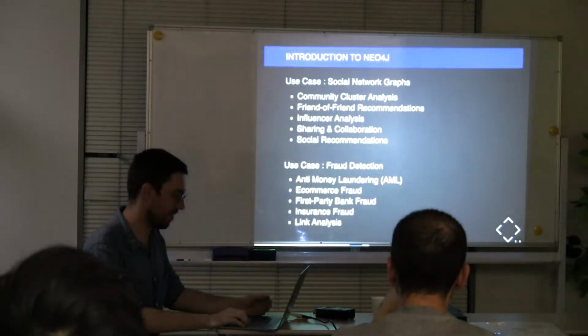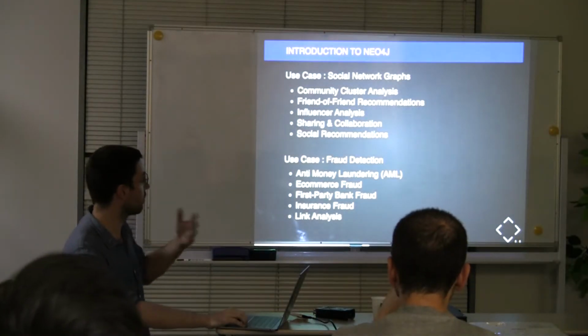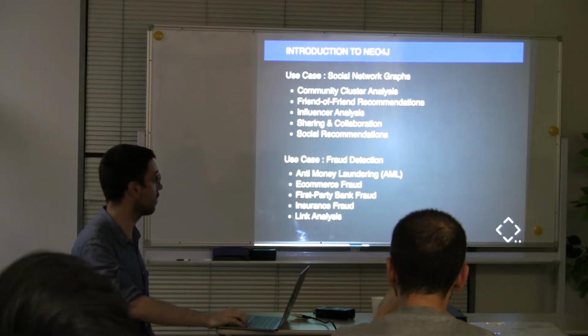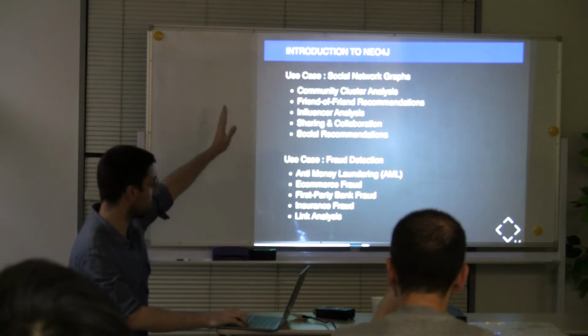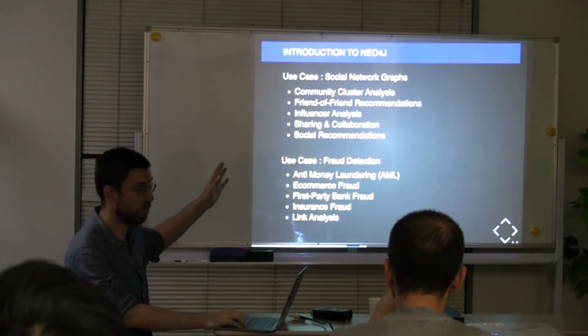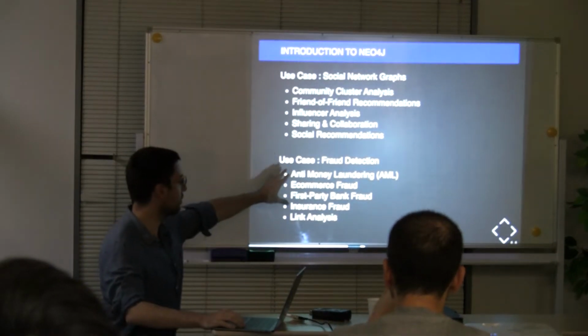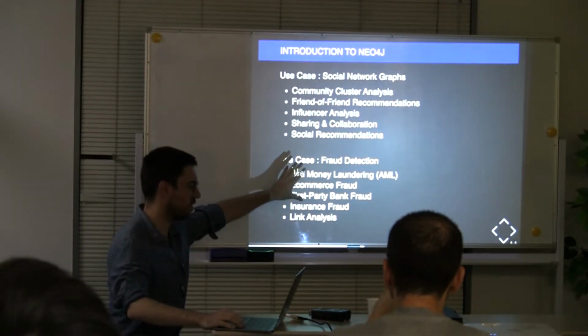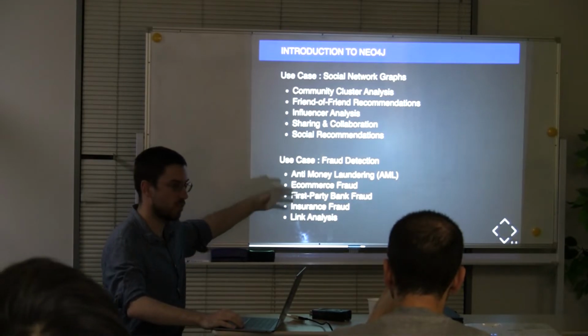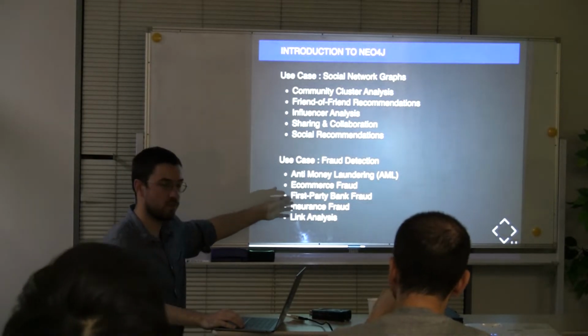Let's keep this one. Just briefly, what kind of usage can you have? You can use Neo4j for social network graphs or for fraud detection. Actually, this is the use case that made Neo4j kind of famous as a graph database.